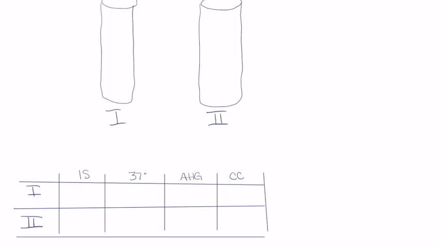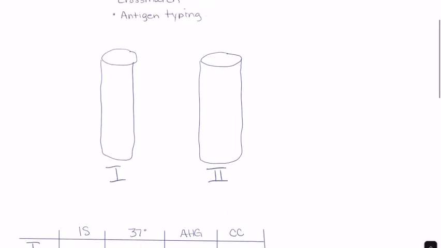Okay, so what are we going to add to them? Well, first off, what we're going to add, and we'll draw these, we're going to add our screening cells. Okay, so you see them in here. There's one screening cell. We'll put a few in here. You're going to add 1 drop of screening cells into your tubes. And then we'll look and we'll determine what our screening cells are about. Okay, so there's 1 drop of our screening cells.